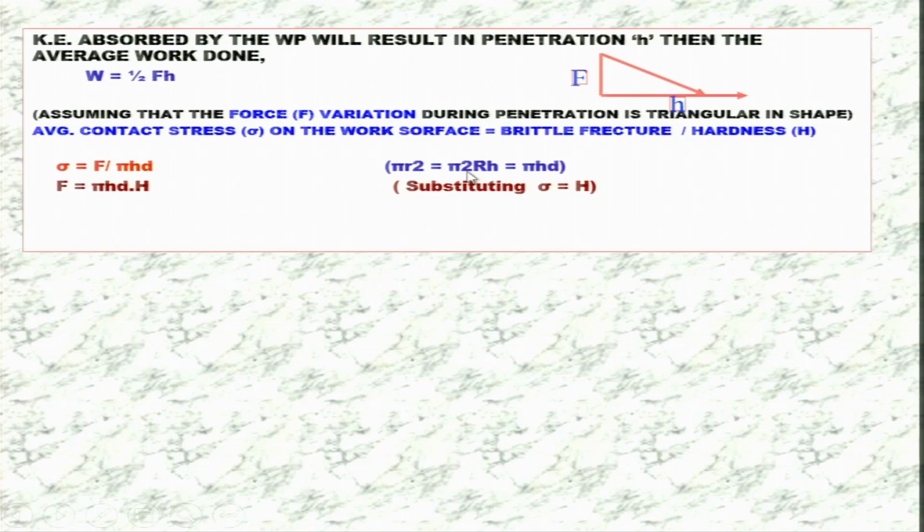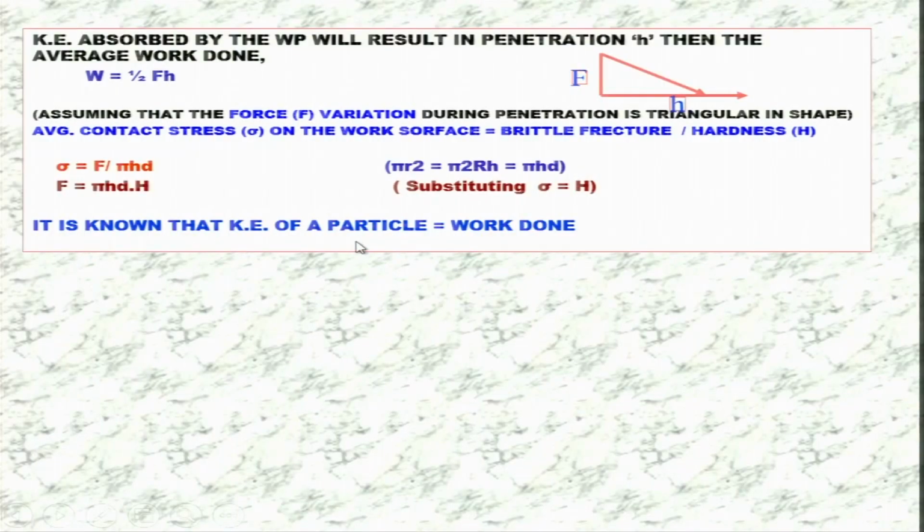We have already discussed this. And F is equal to pi h d into H, where H is the hardness. We are assuming here that the stress created on the workpiece is equal to the hardness of the workpiece material.